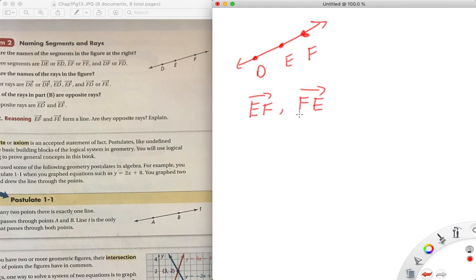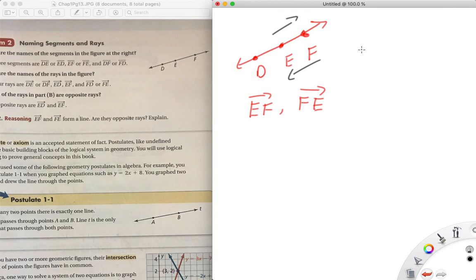They go in opposite directions, right? EF goes this way, FE goes this way. So since they both go in opposite directions, and they're both rays, then they should be opposite rays, right? But no, they're not opposite rays.